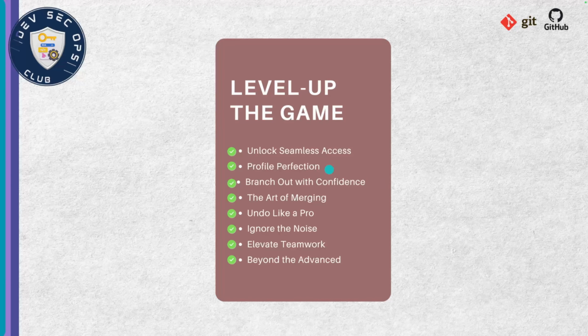But in this section, we have learned SSH, how we can do the profile configuration, how we can do branching, how we can do merging, and today how we can do undo, remote, local, staging area, working directory. We also learned the gitignore way. Here we learned how we can do push, pull requests and all these things.